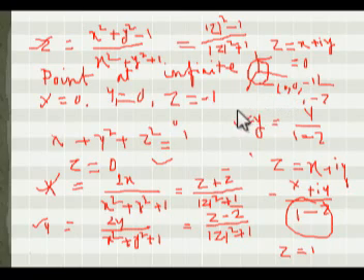So if we take the conjugate of z, it will be 1 by z.